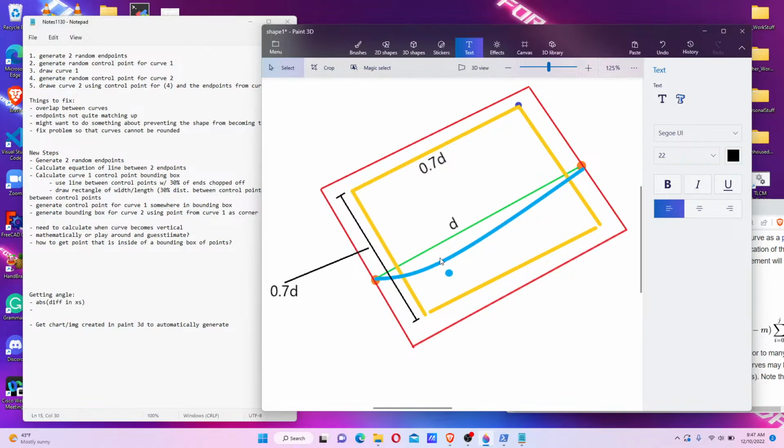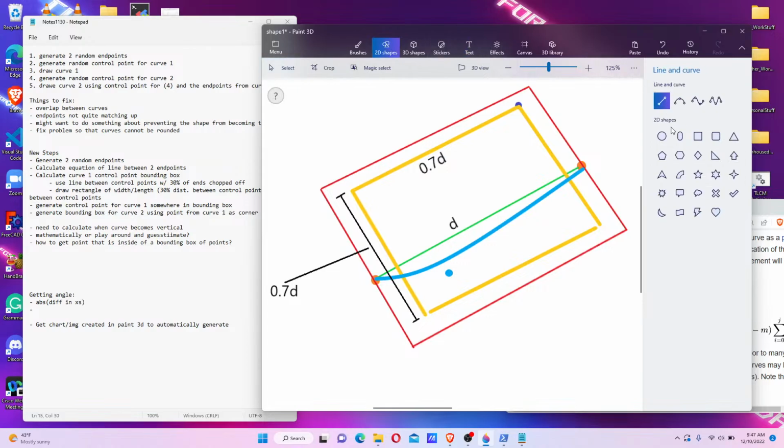I wonder if I could do... So I guess it should be in the yellow box, but I think we want to then move this second bounding box.